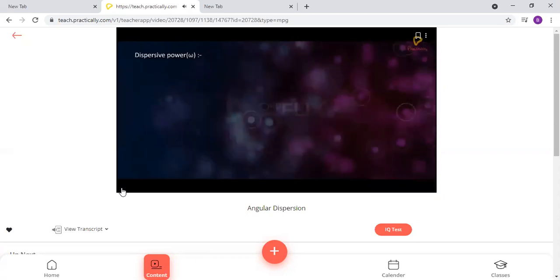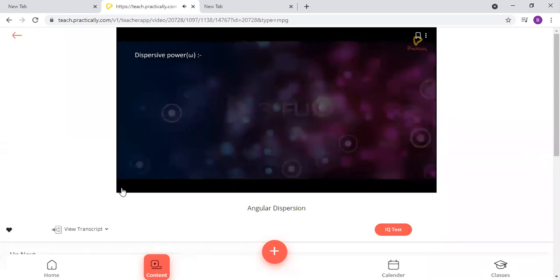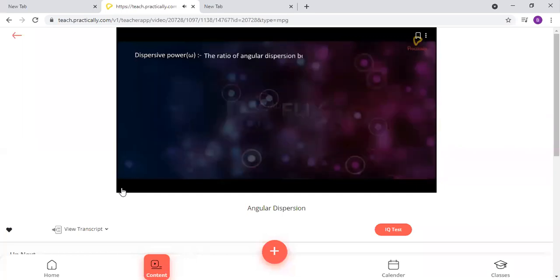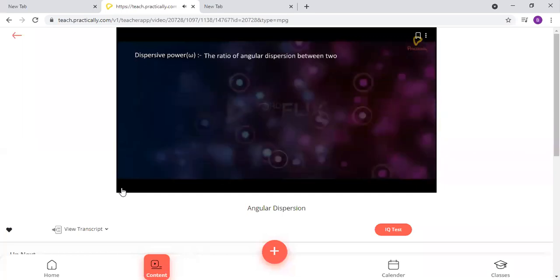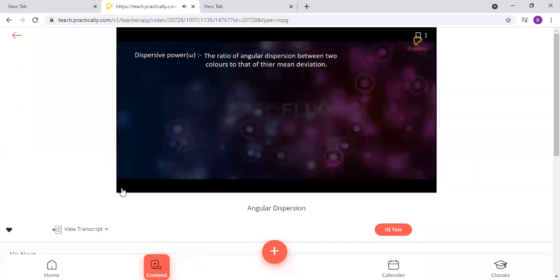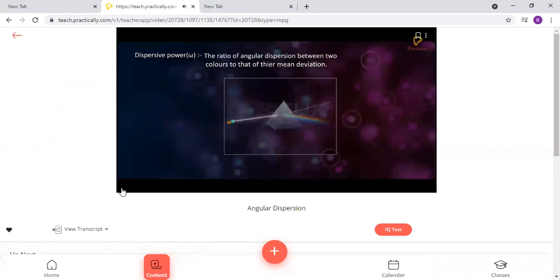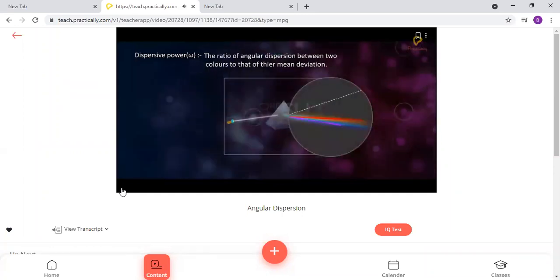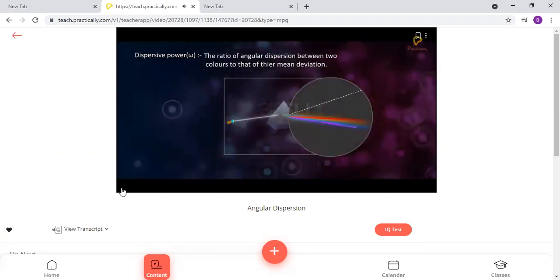Dispersive power, omega. Dispersive power is defined as the ratio of angular dispersion between two colors to that of their mean deviation. The angle of prism does not affect dispersive power. Let us consider two colors, say red and violet.